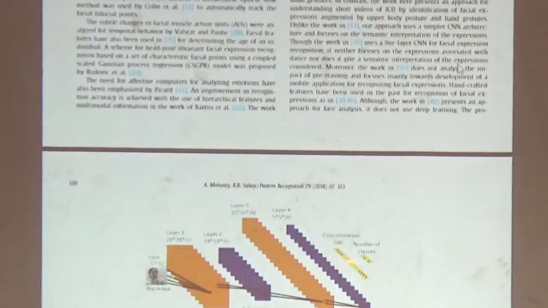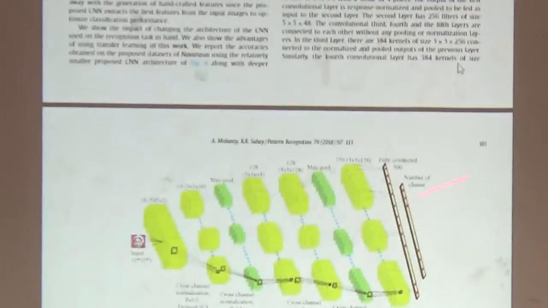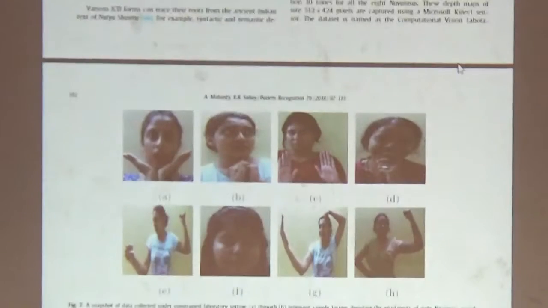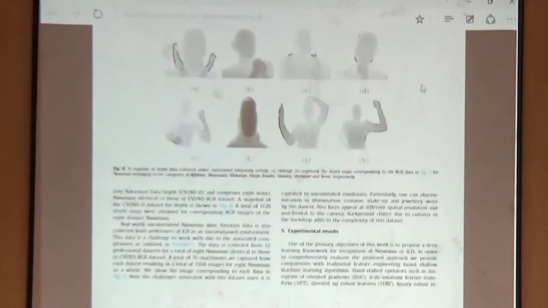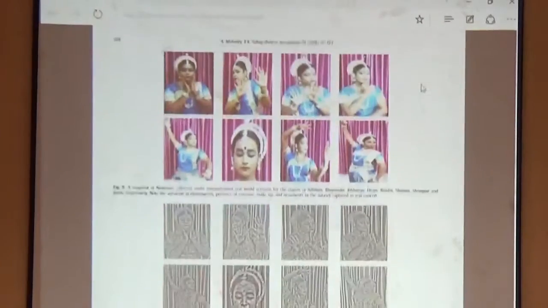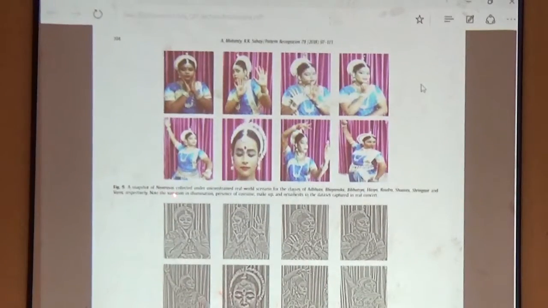Again a simple network, and this is a 3D CNN, so we just forget about it. But these were some of the emotions performed by students in my lab. We took images, we also took depth maps using Kinect. And look at the clutter in the background, these curtains in the background.